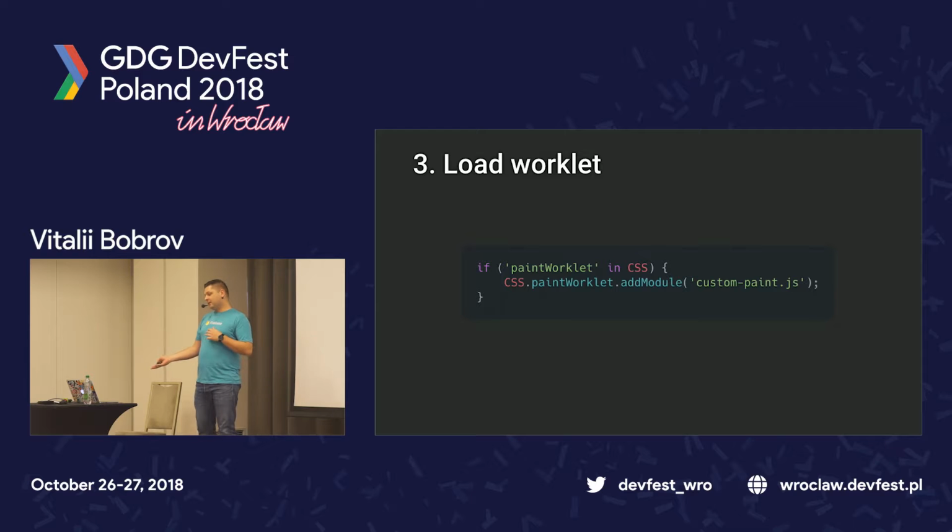So we check if paintWorklet is in CSS, and then we call CSS.paintWorklet.addModule and provide the path to the file that we created with the worklet. Also, this allows you to check the availability of this feature and fall back somehow. For example, load a polyfill or load another style sheet that uses solid colors and images instead of painters.